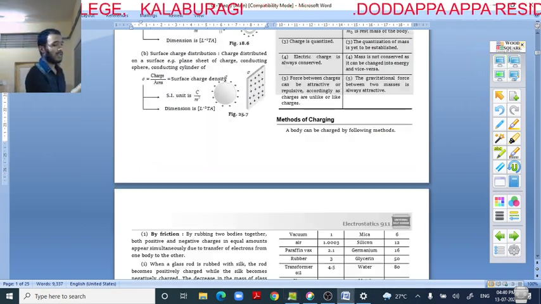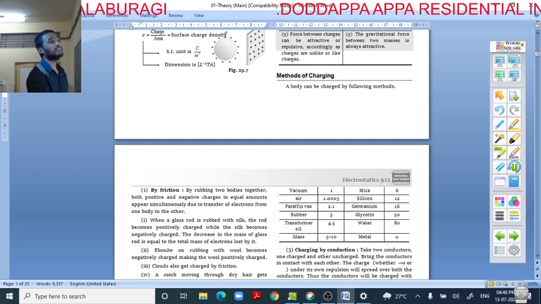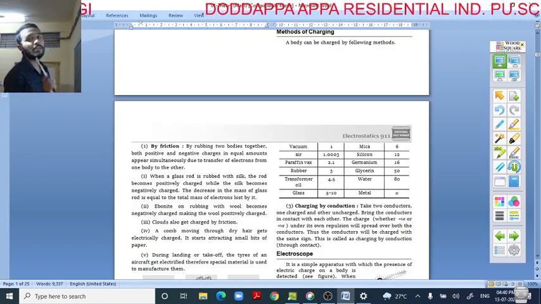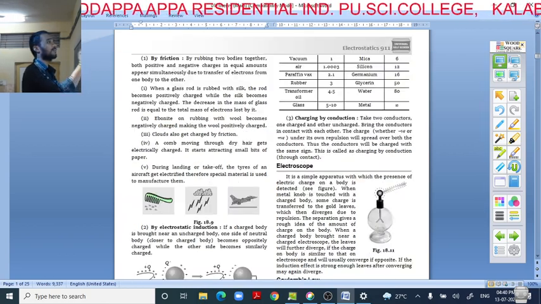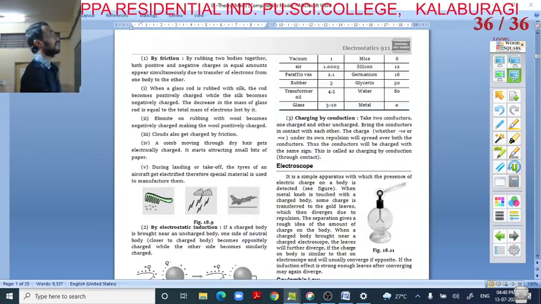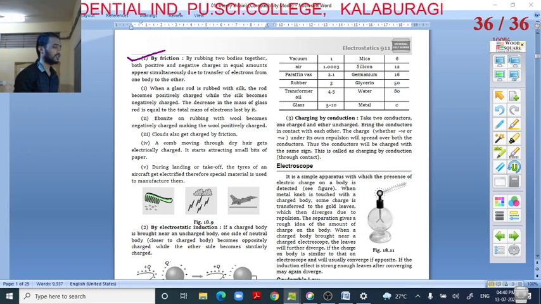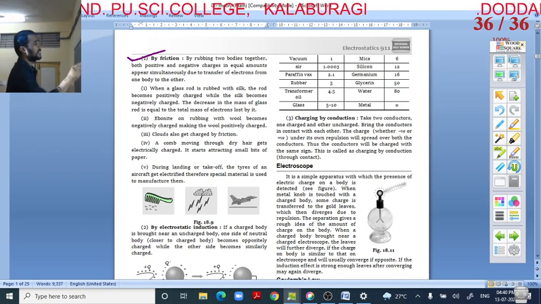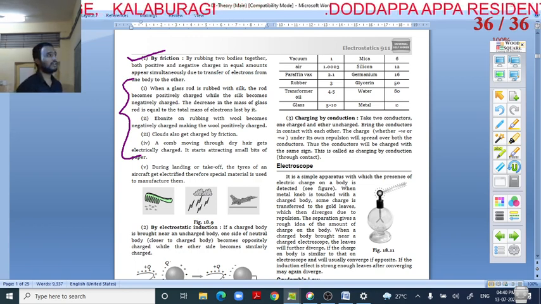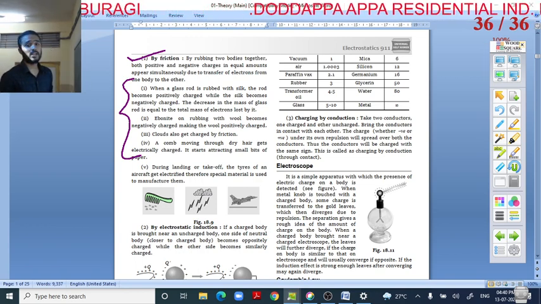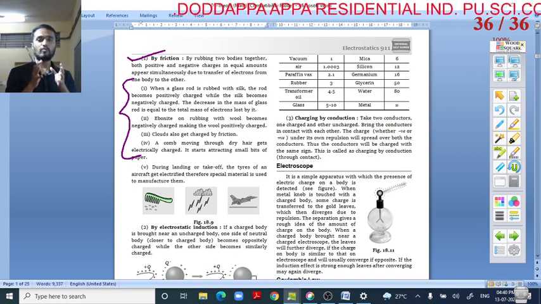Next, there are 2 to 3 methods of charging. We can charge the body by friction. So many examples we may see in our daily life. Just go through this. Here I am going to concentrate on formulas and relations.